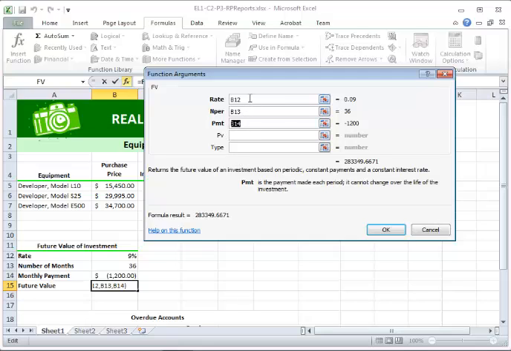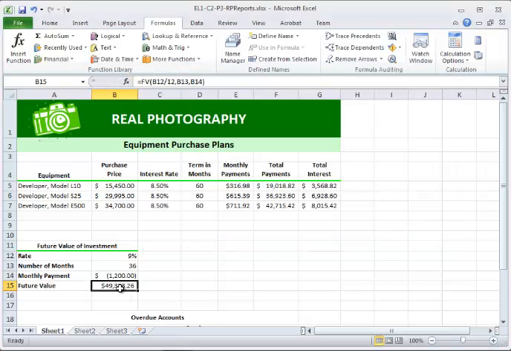So the interest rate also has to represent a monthly rate by dividing it by 12. And so that will be a monthly rate, the number of months, and the monthly payment. So they are all in the same unit in a way. Then go ahead and click on OK, and you have it.